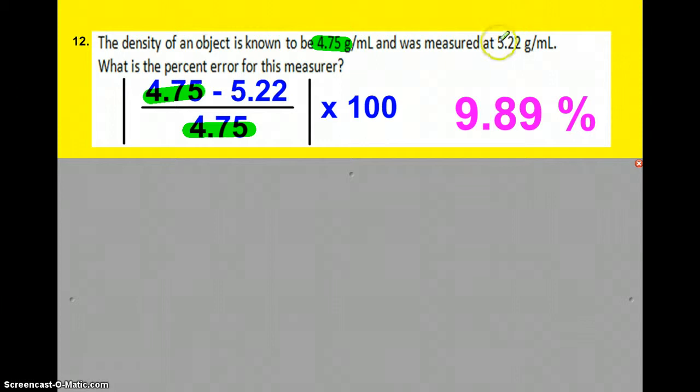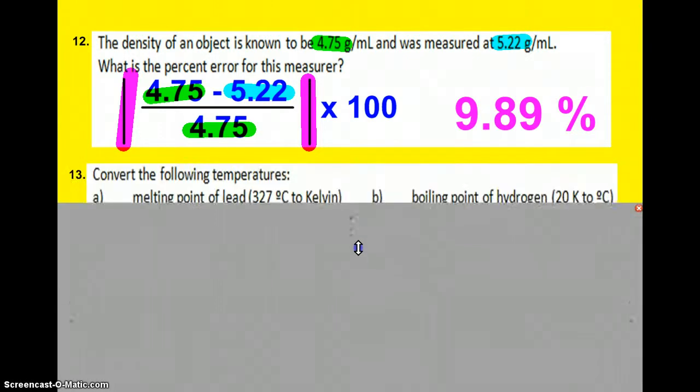Measured was measured at 5.22. And remember that these are our absolute value signs, so I do not get a negative answer. 4.75 minus 5.22, and then I would divide that by 4.75, multiply by 100 to get a percent. Using my 3 sig figs, 9.89% error.